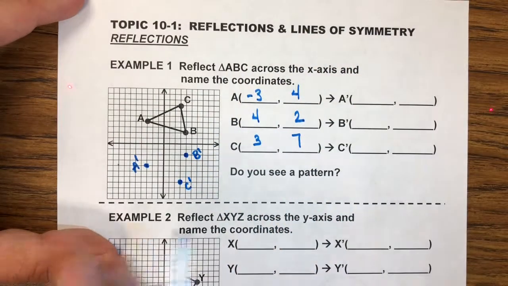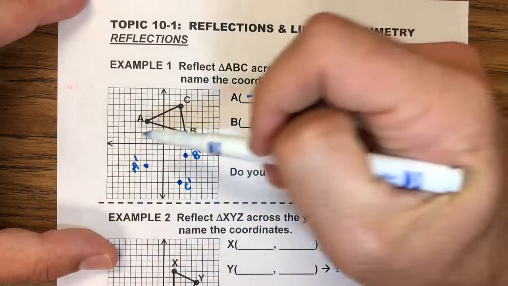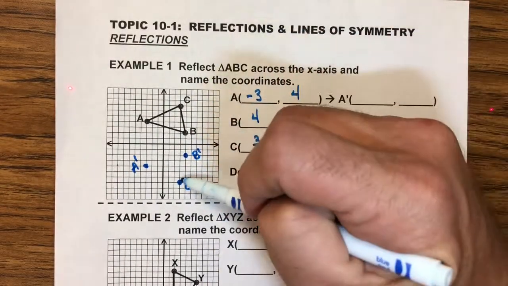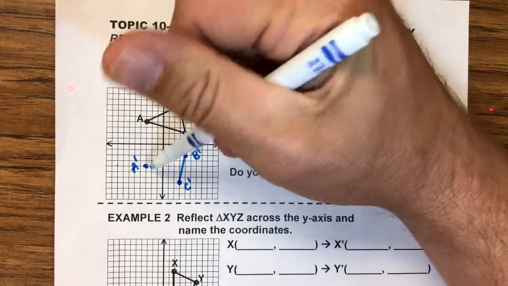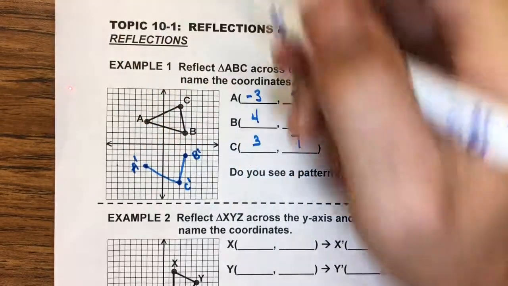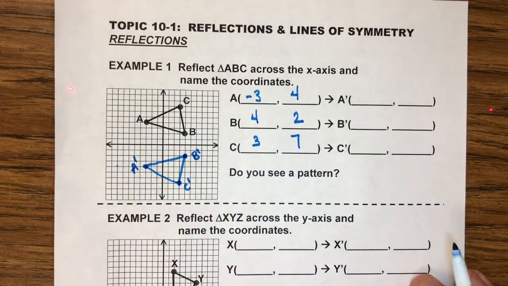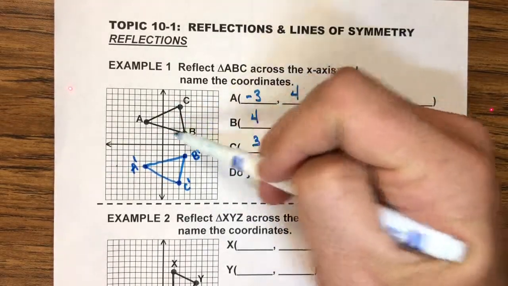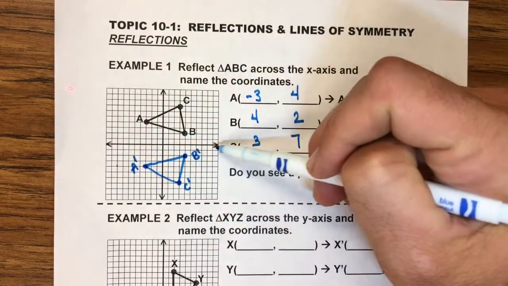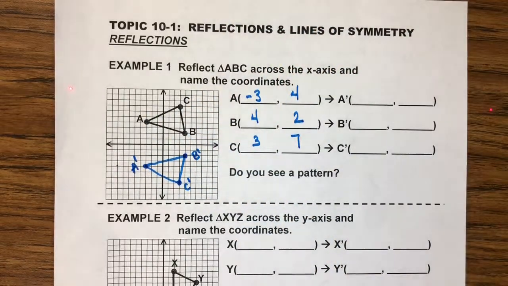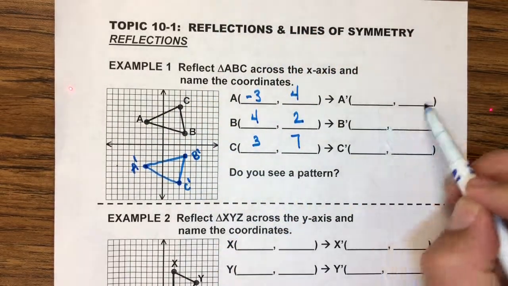There is no side shift. We're reflecting straight across the x-axis. Now we can connect these dots. And we have a mirror image of the shape that's above the x-axis. If we folded the paper along the x-axis, these 2 images would lie right on top of each other. Now, we have new coordinates.